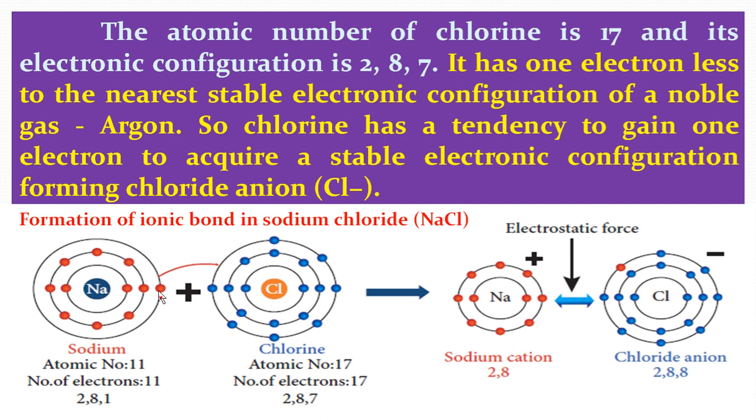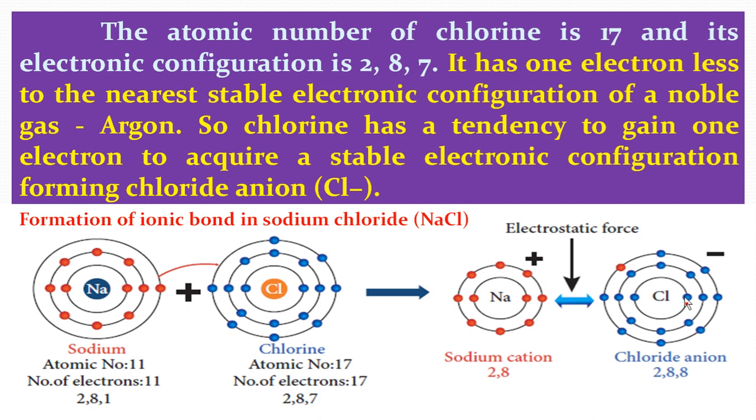So, the sodium atom transfers 1 electron to the chlorine atom. The sodium atom loses 1 electron to form a sodium cation, and its electronic configuration is 2, 8.